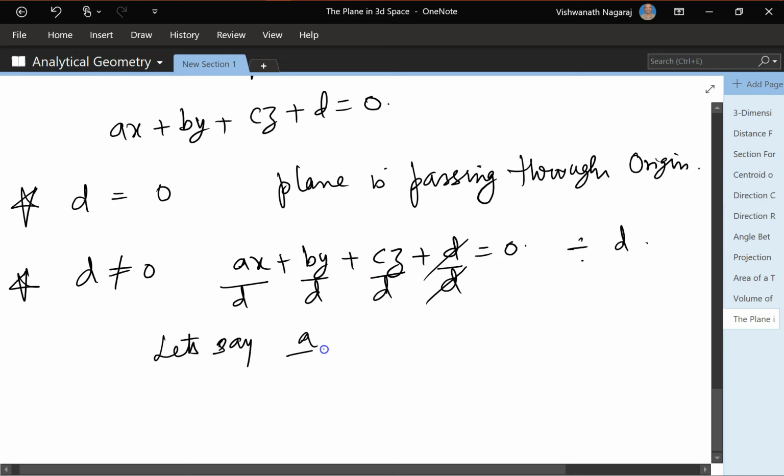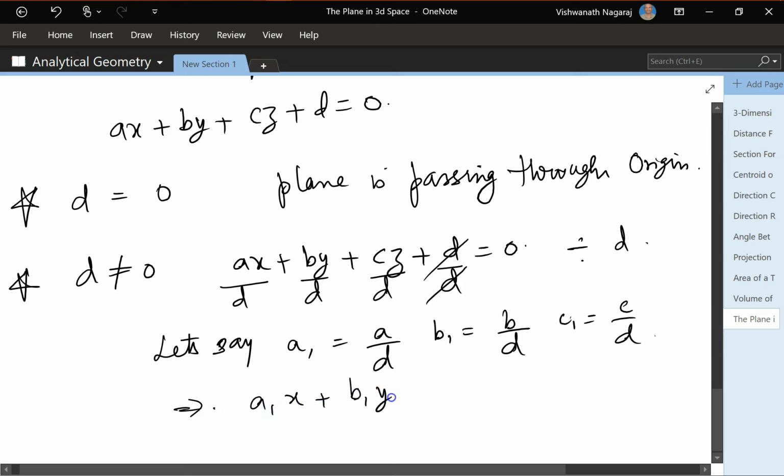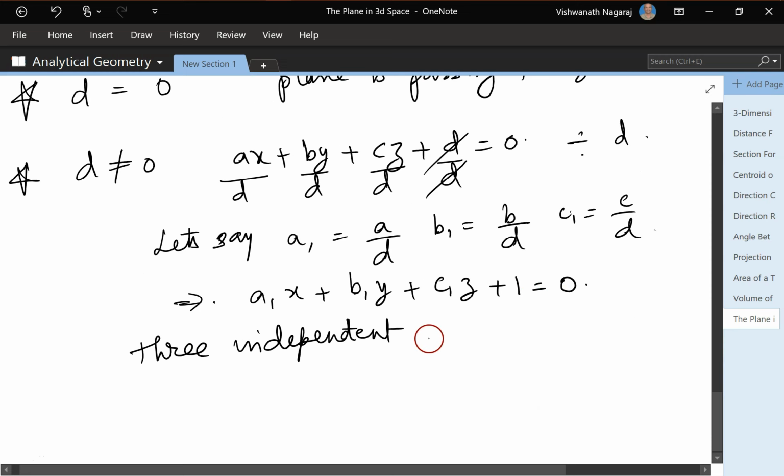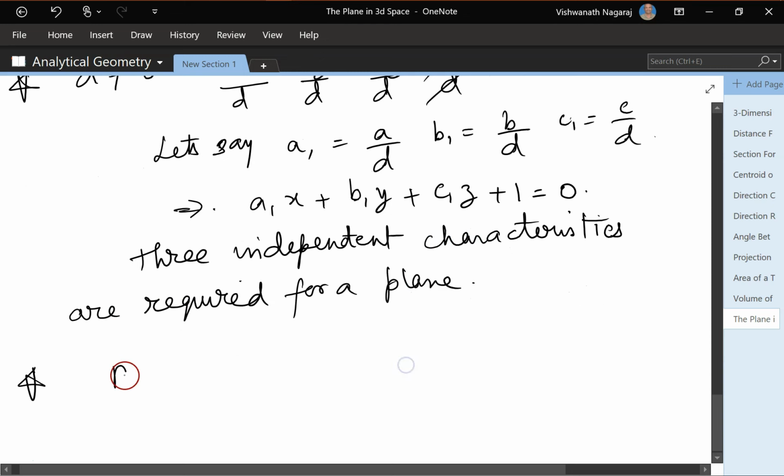So let's say a1 is equal to a by d, b1 is equal to b by d, c1 is equal to c by d. Then we can say a1x plus b1y plus c1z plus 1 is equal to 0. So that means 3 independent characteristics are required for a plane.